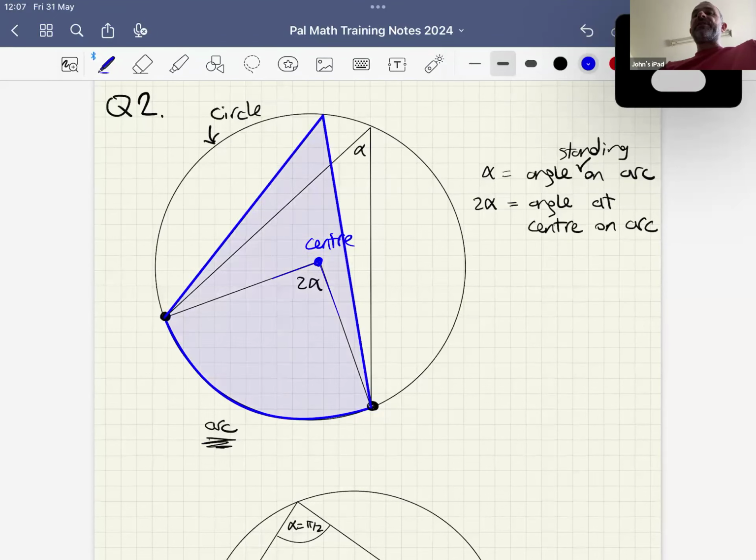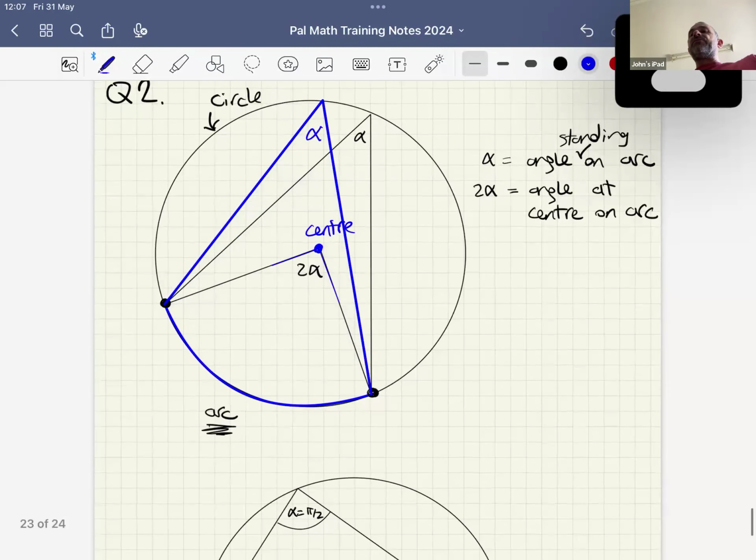And this is very useful. So, sorry, my drawing program is acting up. So you'll also get the angle alpha here. So the alpha doesn't change as you move around the circle. So that's the first result, or theorem.